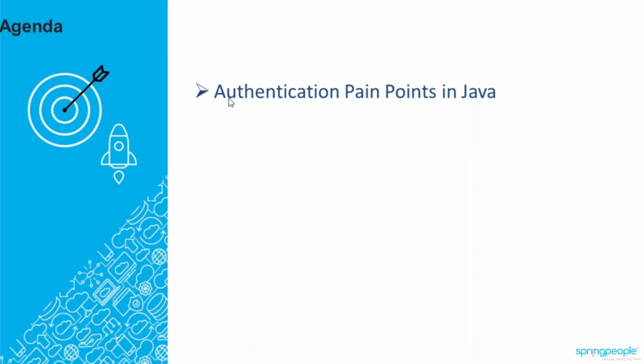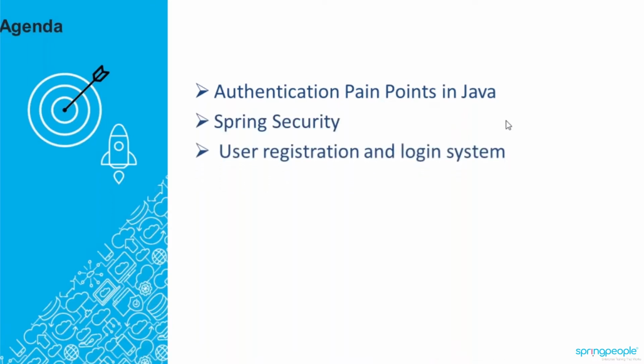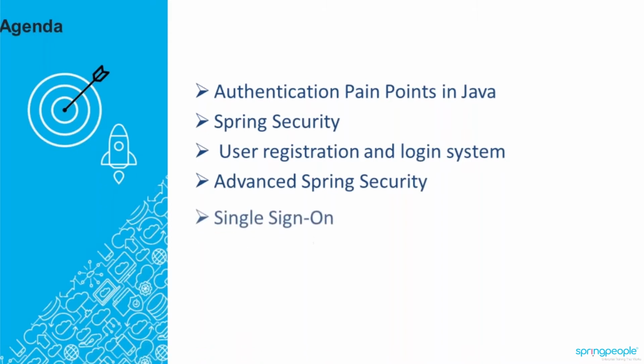Whenever we are taking care of authentication in our Java coding or in any other language, how are we going to do it, what are the pain points, and what is Spring Security doing about it. Then how the registration and login system will be taken care of with Spring Security, then what the advanced Spring Security concepts are, how single sign-on will work, and how social login will be taken care of. And still some more details we are going to discuss in today's session.